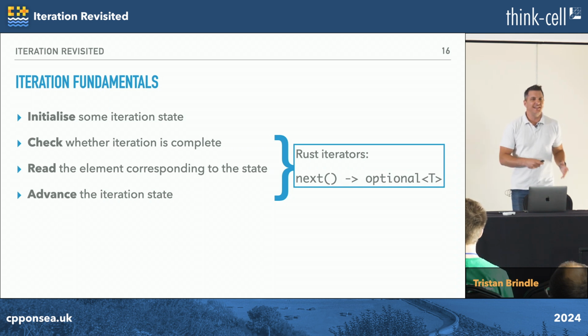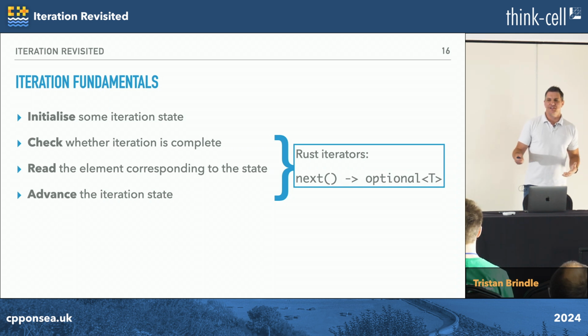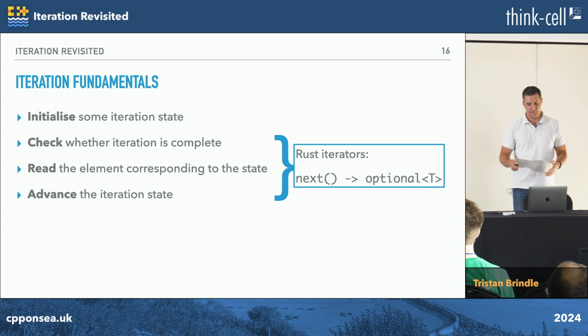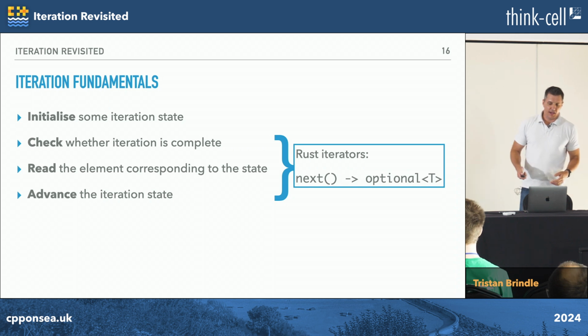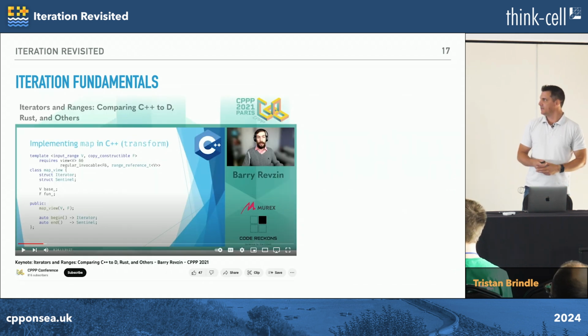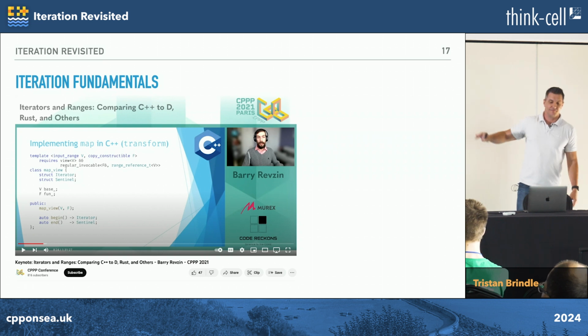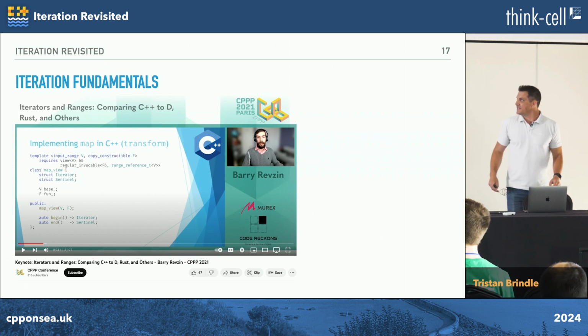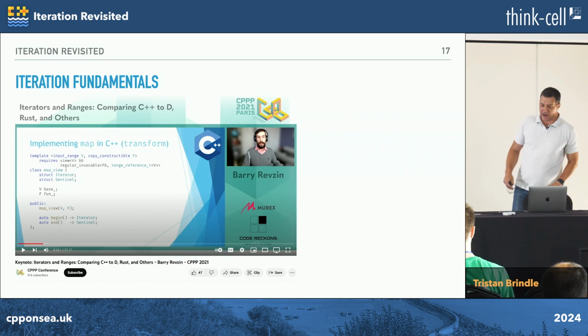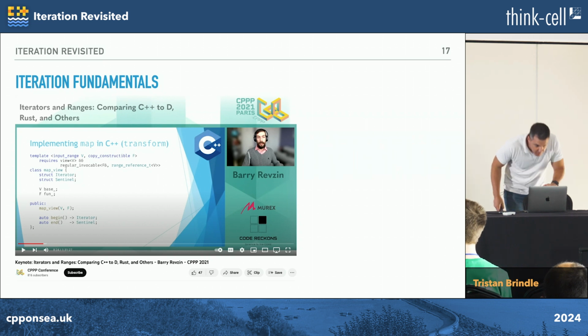If you're interested in learning more about how different languages and libraries implement their built-in iteration models, Barry Revzin has this fantastic talk. It's honestly one of my favorite talks on this subject, ever. He gave this at CPP Paris as a keynote in 2021, so a couple of years ago now.